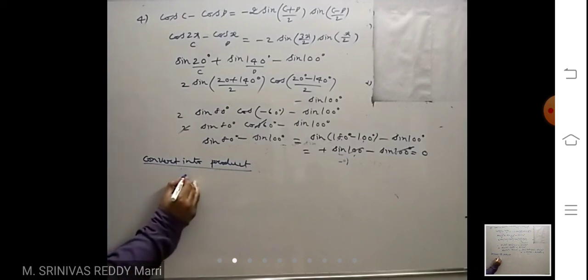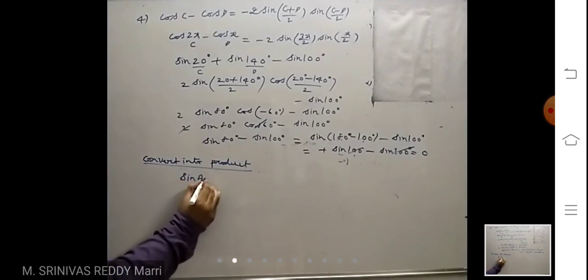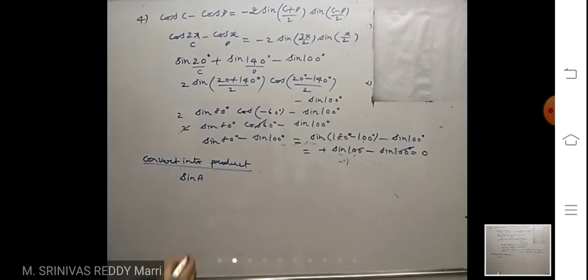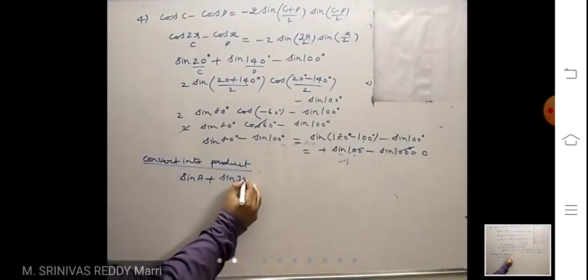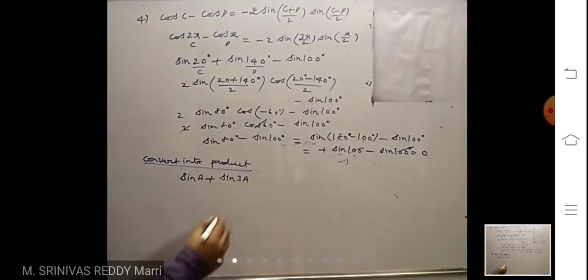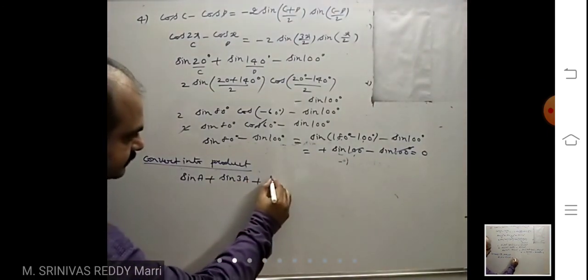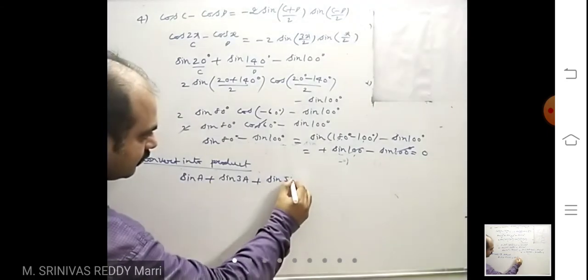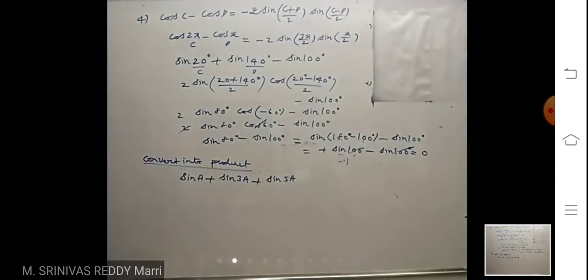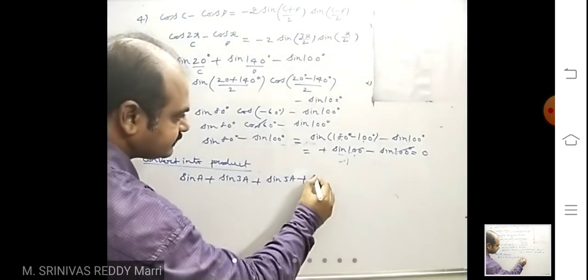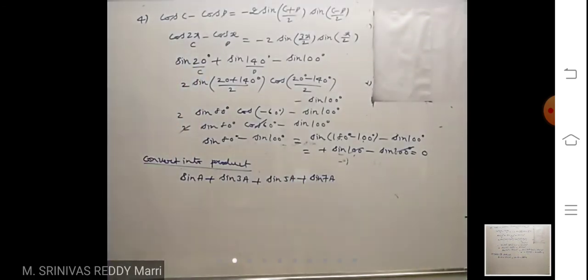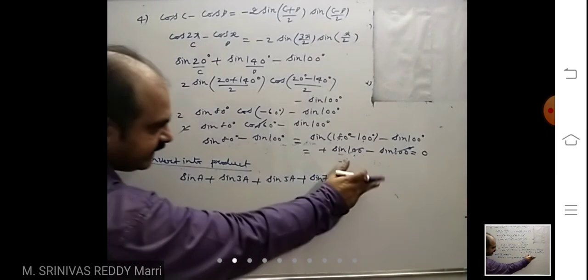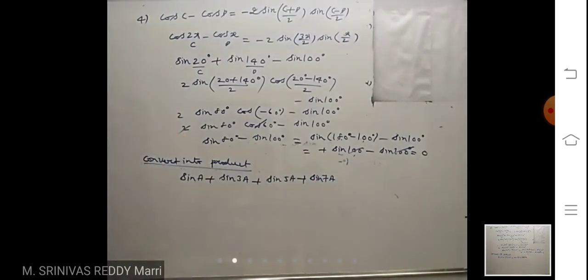You can take one example: sin A plus sin 3A plus sin 5A plus sin 7A. Like that, 4 sines are given and you have to convert into product.